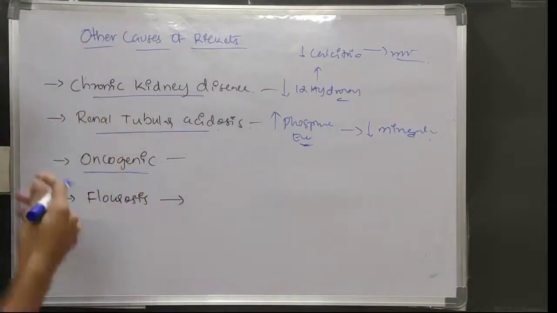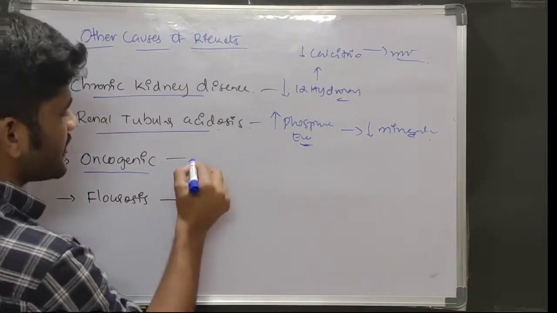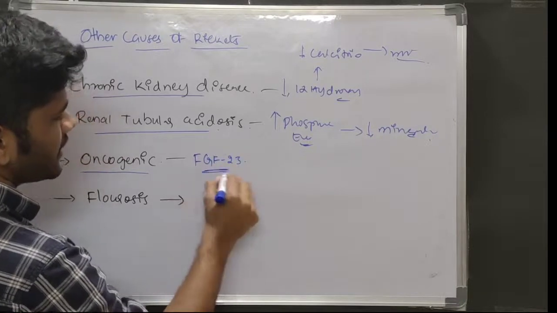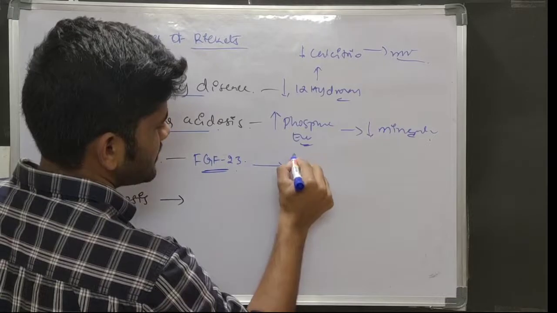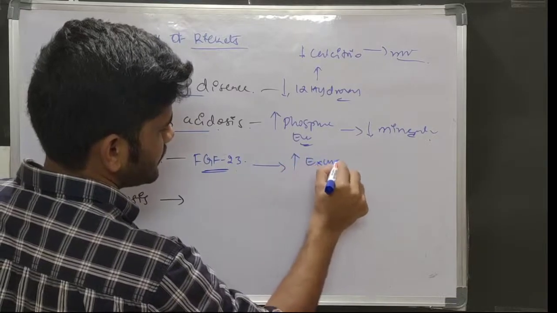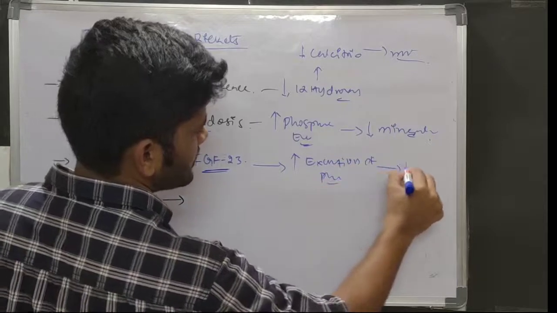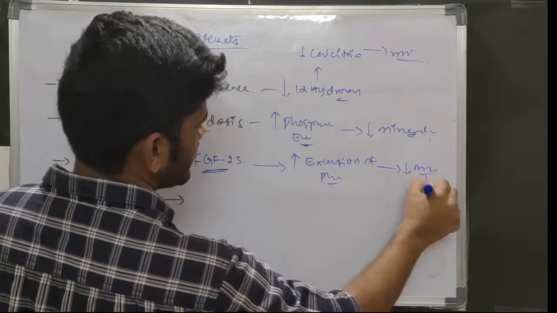And in case of tumors, there are increased levels of factor 23, which causes increased excretion of phosphorus. This causes decreased mineralization and rickets.